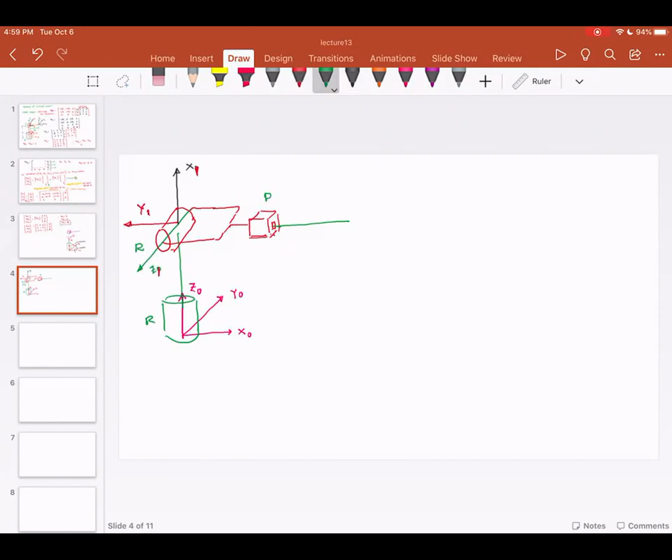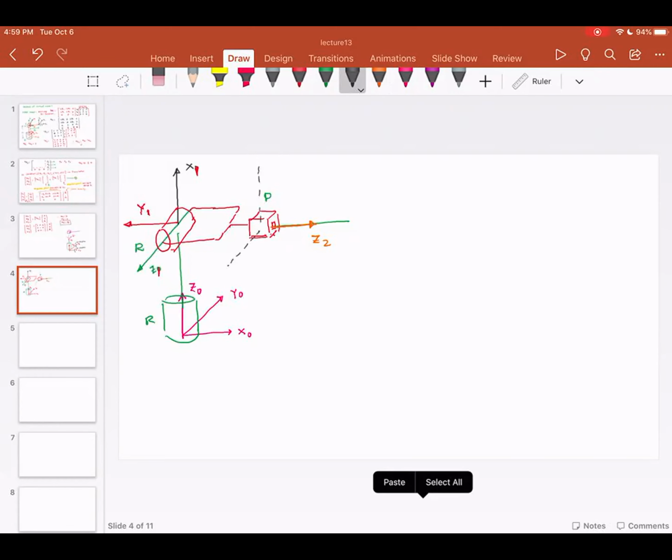However, here I'm going to have Z2. Now I need to have X1 or X2 that would intersect. And please note, unfortunately, in this problem you can have two options. You can have X2 in this direction, or you can have X2 in this direction.